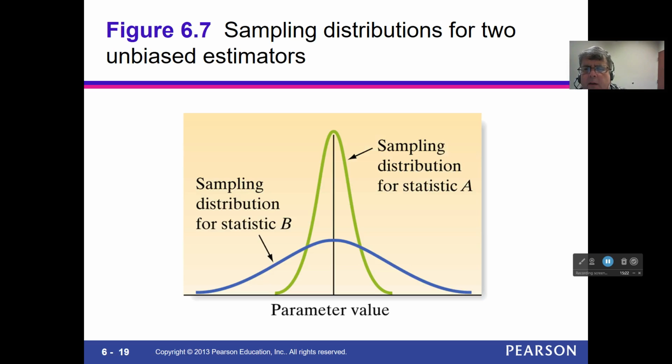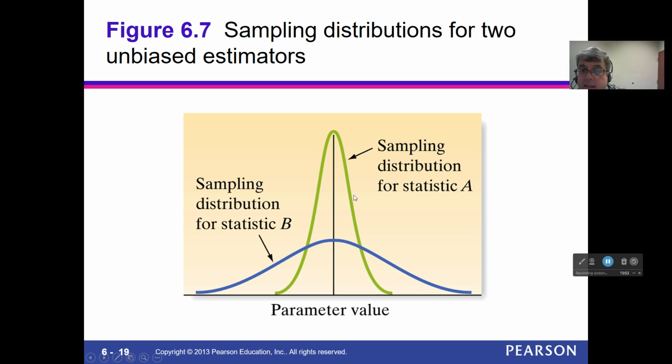Now, when we have sampling distributions for two unbiased estimators, there's something else we want to look at. These are two unbiased estimators. The mean of the sampling statistic B here is the population parameter, but these sampling means have a much bigger variance to them.